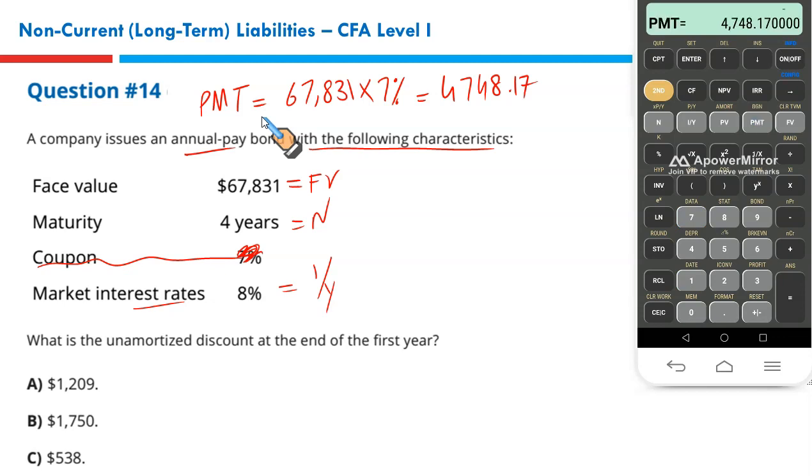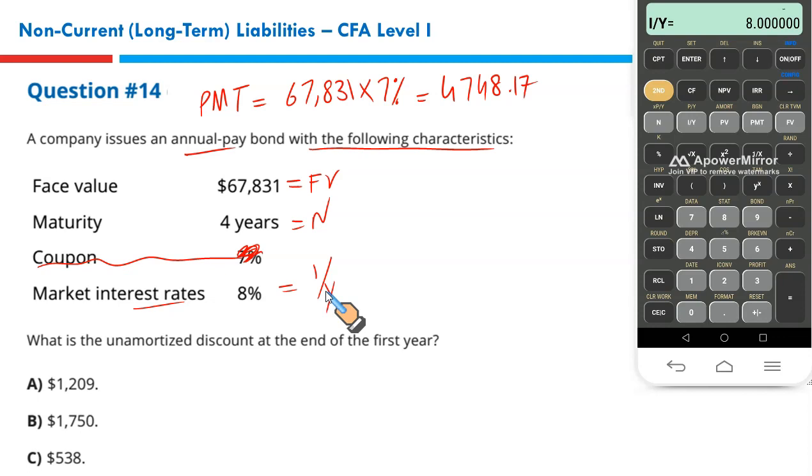This is your PMT, right? Next is the future value, the par of the bond. That is 67831. That's FV. Then N, that is 4. Then we have the interest rate, that is 8%.